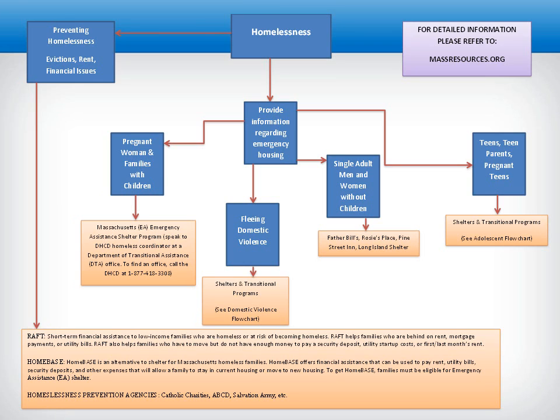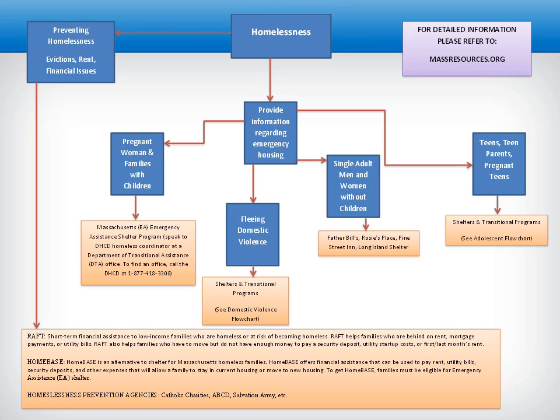There are also special programs for pregnant women and families with children. The Massachusetts Emergency Assistance Shelter Program at the Department of Transitional Assistance. There's also special programs that will support people who are fleeing domestic violence.